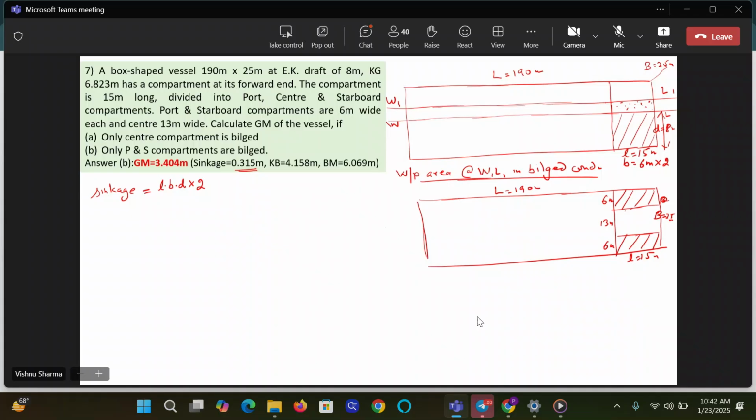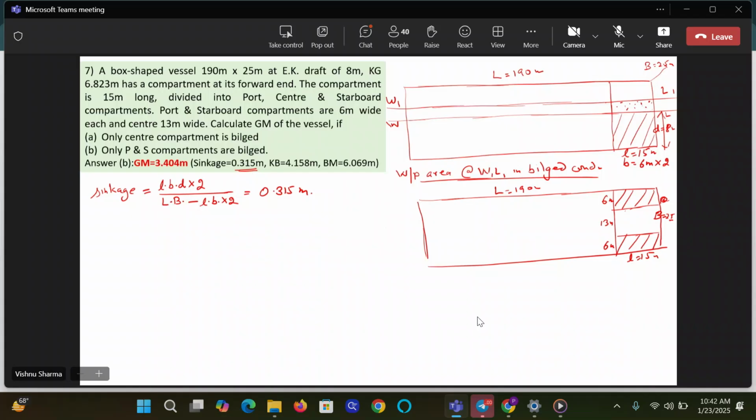This is the lost buoyancy divided by intact water plane, capital L into capital B minus small l into small b into 2. And you put these values, you should be getting 0.315 meters. Does everybody agree? Yes or no?